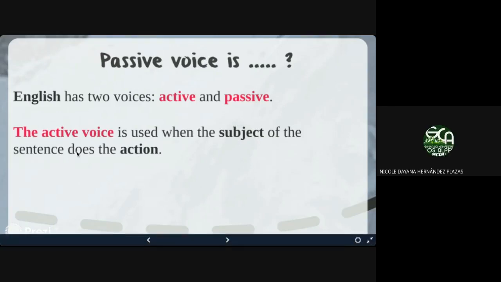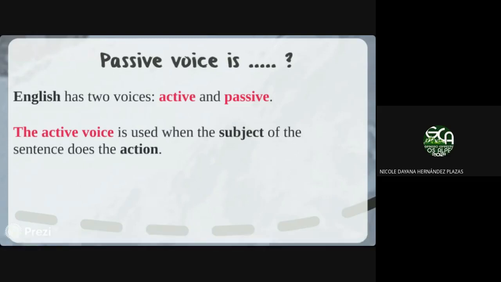Thank you, princess. So, babies, the active voice is the voice in English when we are expressing that the subject is the one who is making the action. When the subject does the action, okay, guys?